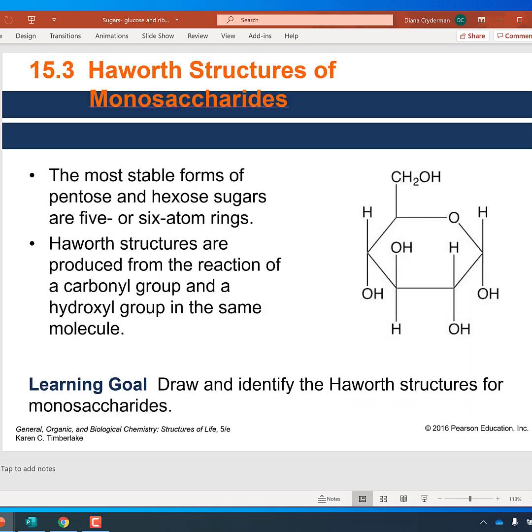Okay, let's look at the Haworth projections of monosaccharides. This might be how you've seen monosaccharide sugars drawn in a biology class. These are the more stable form than the open structure, the Fisher projection, for the 5 and 6 carbon sugars.